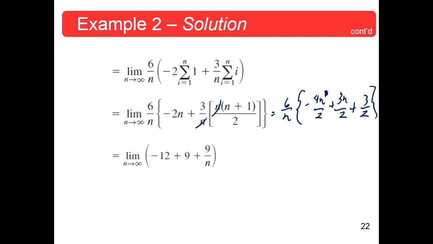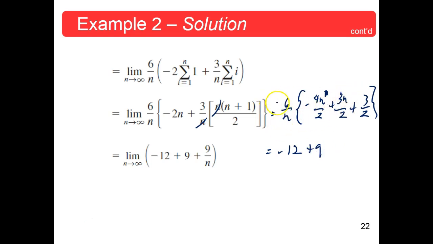Okay? And that's going to be minus 24n over 2. So that's a minus 12. Right? And this will be plus 9. Okay? Because the n's go out.